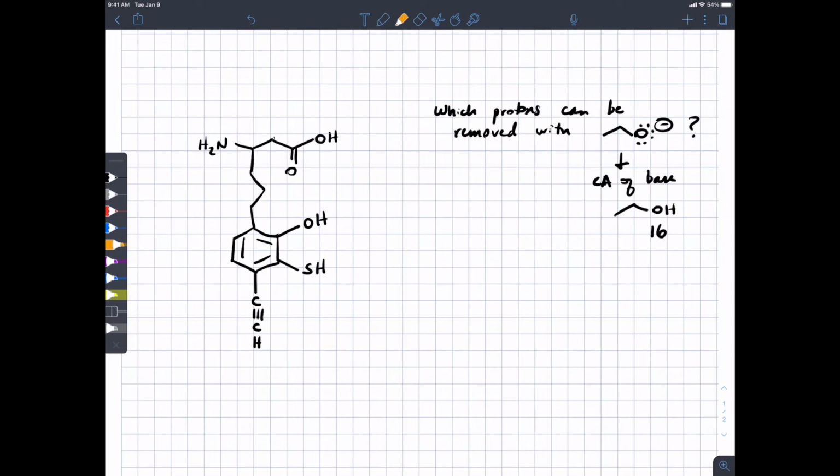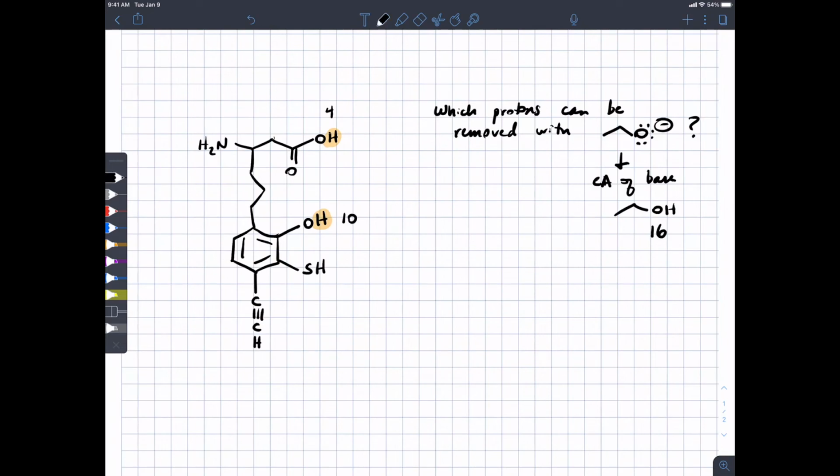So how about a carboxylic acid? I could look that up. And this is where recognizing functional groups is going to help. You're going to do that a little bit in chapter 3, which we'll start today. Carboxylic acid pKa is 4. It turns out an OH group that's adjacent to a benzene ring, because of the possibility for resonance stabilization of the conjugate base, you get a pKa of around 10.